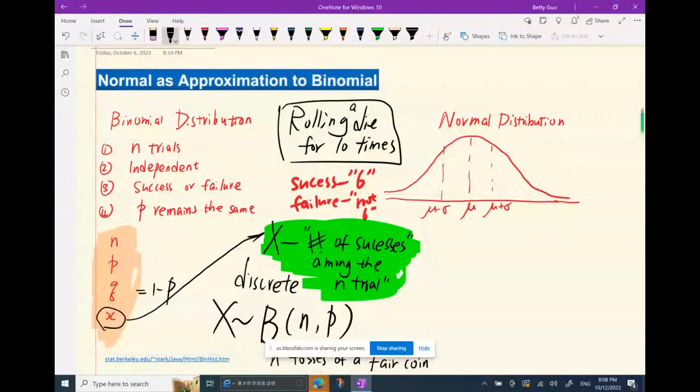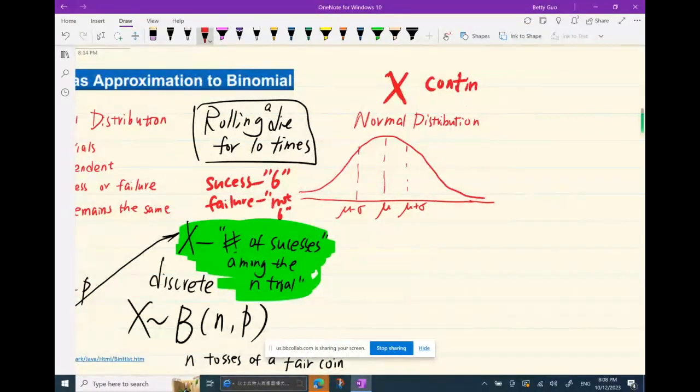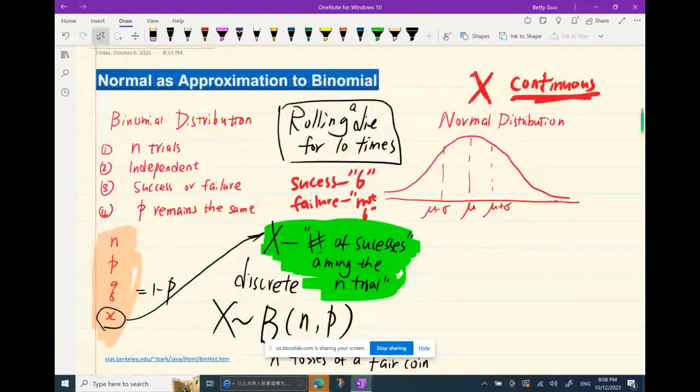So I hope you still remember binomial distribution. In this section, we are going to use a normal distribution to approximate binomial. Normal distribution corresponds to a continuous random variable. What is interesting is that we are using a continuous distribution to approximate a discrete random variable distribution.